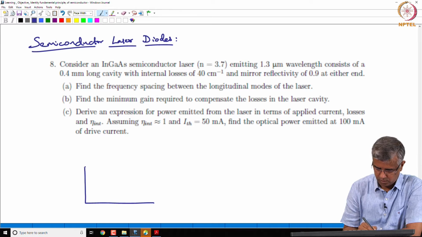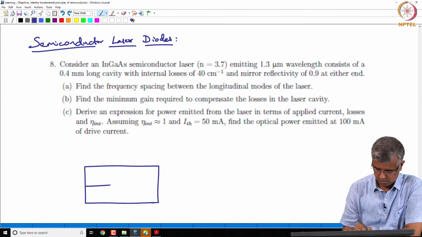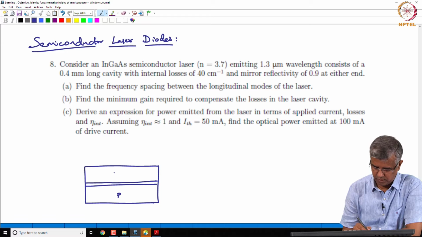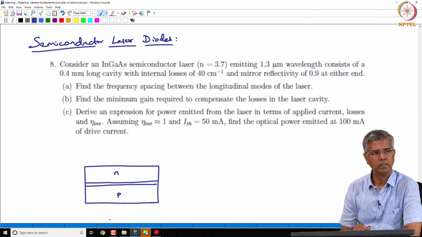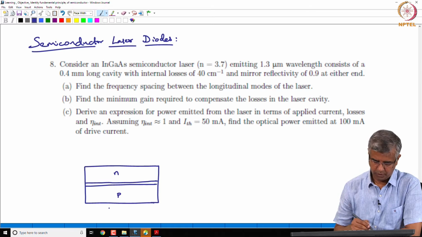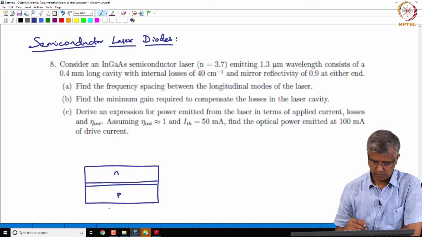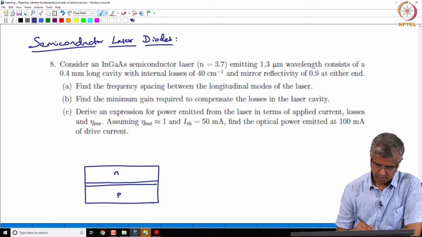We said we are going to have a double heterostructure consisting of a P region and an N region, and an active layer in between, which corresponds to material with lower band gap energy, so that it accumulates all the carriers.